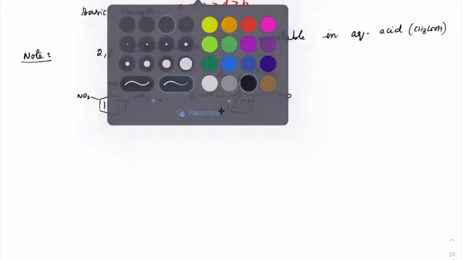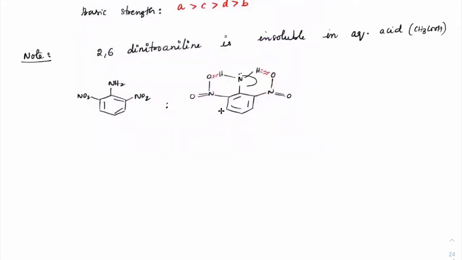Therefore, this lone pair would be completely involved in resonance. In fact, the hybridization of nitrogen almost goes to sp2. The lone pair is so much involved in resonance with benzene that it is not available at all. Since the lone pair is not available, it cannot act like a base, hence it is insoluble in aqueous acid. Is this clear, students? So the point here is the lone pair is not available at all.